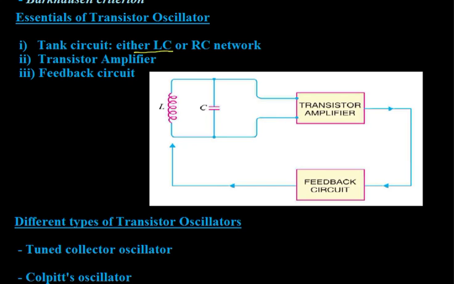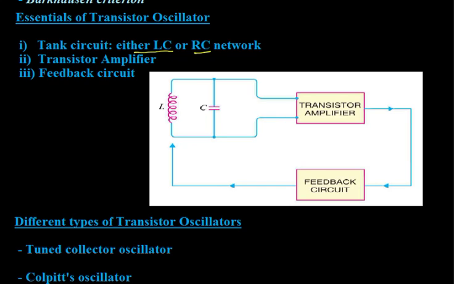In a similar way, the RC network can also produce oscillations in a circuit. So we can use either an LC network or an RC network to start the oscillations from a DC source, or by using DC energy we can start the oscillations in a circuit by using an LC or RC network.